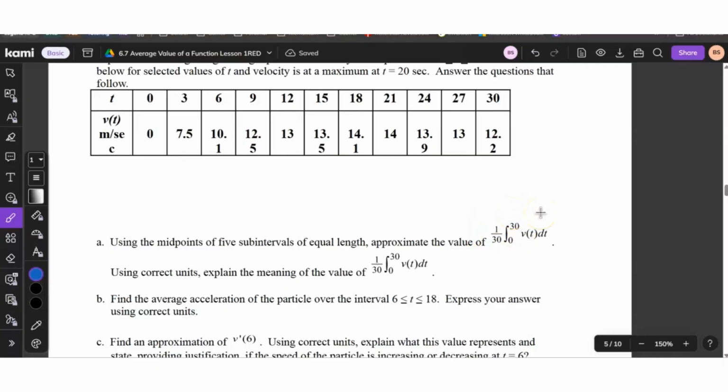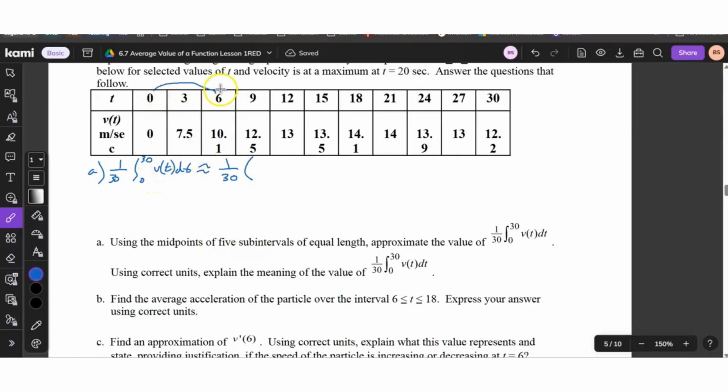All right, let's do A up here because we've got room for it. So 1 over 30 of the integral from 0 to 30 of v(t) dt can be approximated by 1 over 30. That part's not going to change, right? And then this is the part that we're approximating now. 5 subintervals.